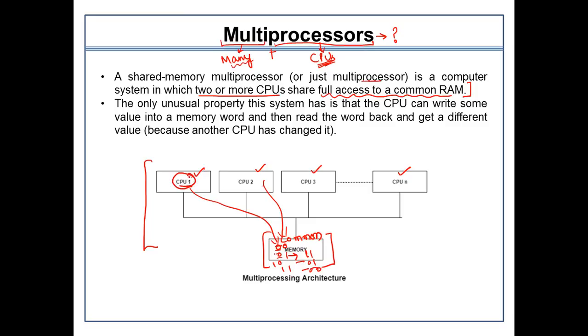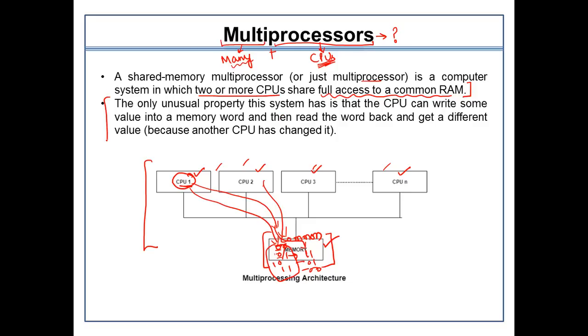So the next time CPU 1 tries to read this data, instead of getting its own data, CPU 1 will get the updated data. Any processor has the right to update the contents in the main memory. This is the only thing which might confuse the machine in terms of getting the data. Otherwise, this unique property is what defines the multiprocessors.